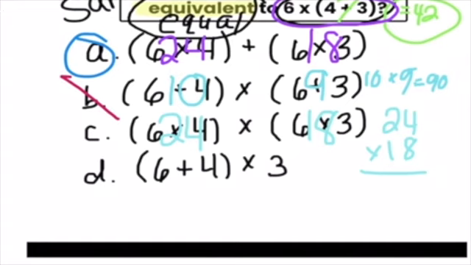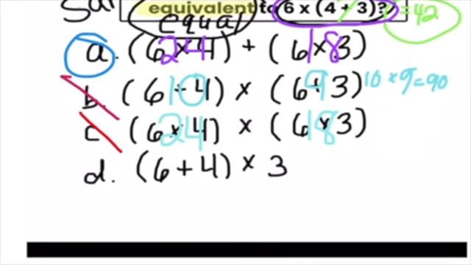Well, Miss Christensen knows it, but she did not teach any of you to do that, so the test is not going to ask you to do that. I know that's going to be a huge number, so C is definitely not the right answer. I know 24 plus 18 got me 42, but 24 times 18 is going to be huge. It's not going to be 42.